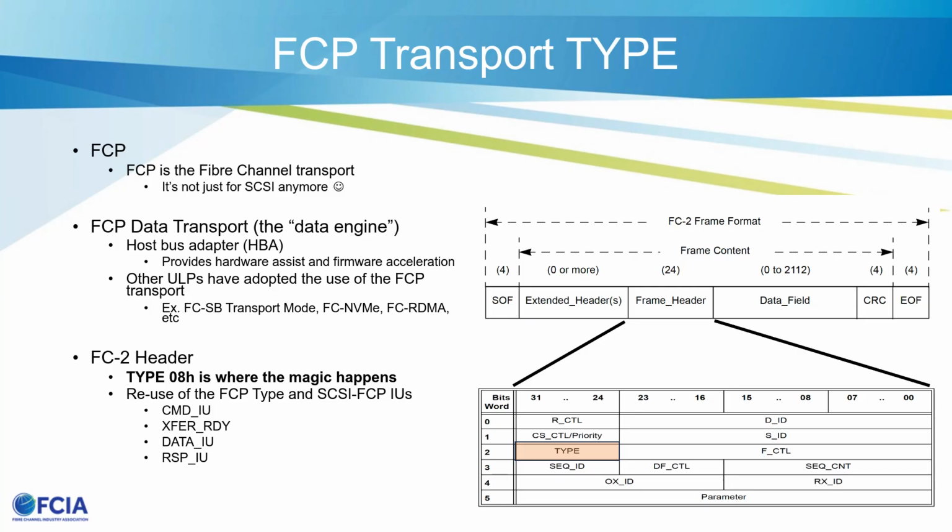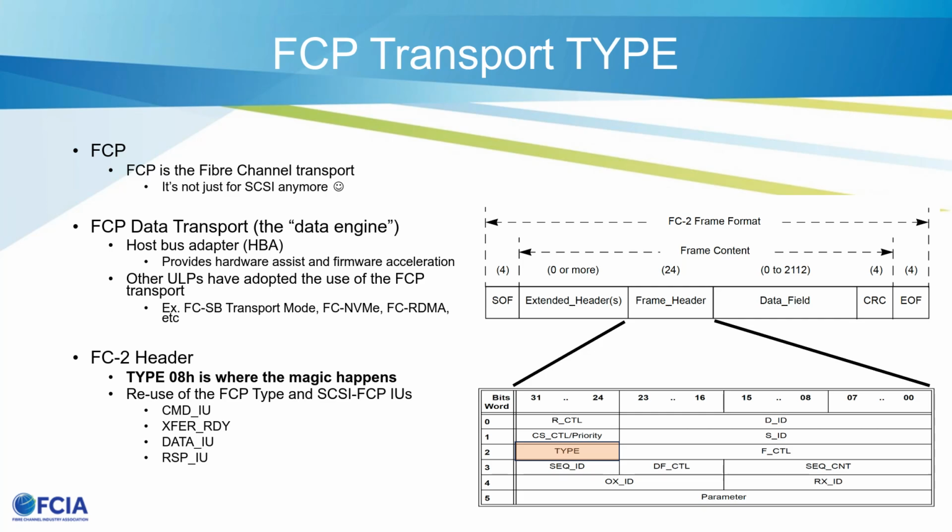However, what we found is that the basic data movement operations are relatively generic, and therefore the type field for the FCP transport has been made generic, so it's not just for use by SCSI anymore. Essentially, the host bus adapters have optimized their implementations so that the hardware and firmware provides an assist and acceleration for the FCP data transport type.